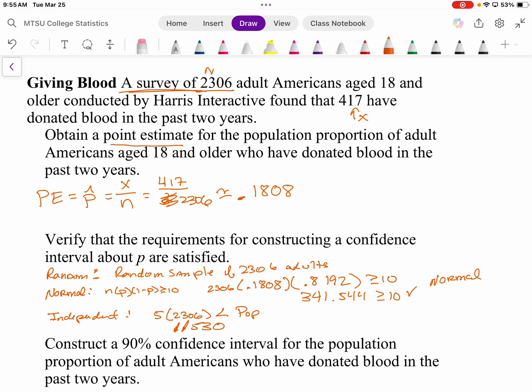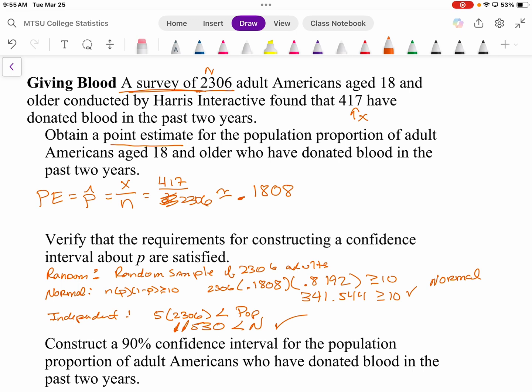Are there more than 11,530 adult Americans age 18 and older? Yes. All right, so we know that one's okay. We know we're independent. So that means I have met the conditions. I can go ahead and construct the confidence interval.